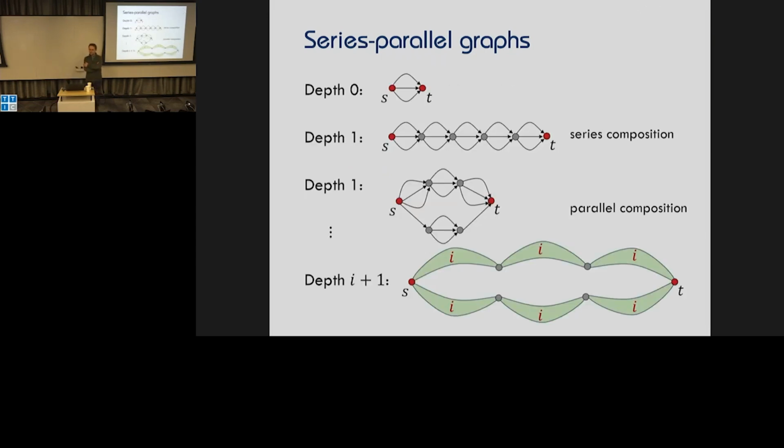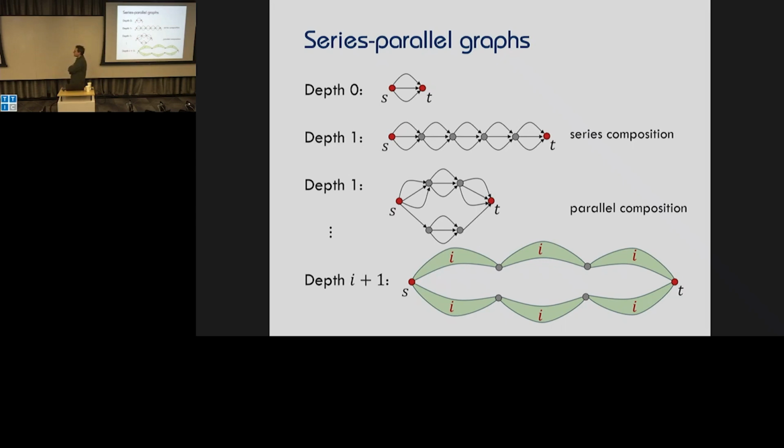Okay, so now let's define series parallel graphs. We start with series parallel graphs of depth 0. A series parallel graph of depth 0 consists of two vertices, s and t, connected with several parallel edges.